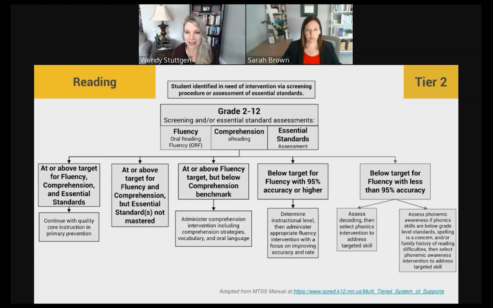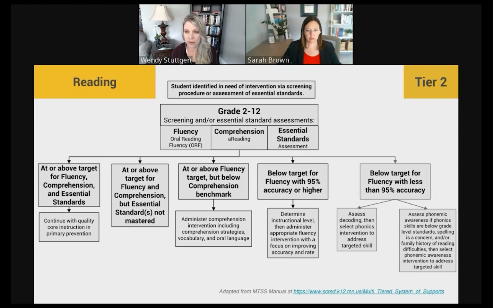If they're not aligning, then we really need to dig deeper to ensure that those summative assessments that are given in the classroom, that are typically teacher-made, are rigorous enough. So this is an example of a flow chart that can be used to help determine tier 2 interventions using your universal screening and essential standard summative assessment data.